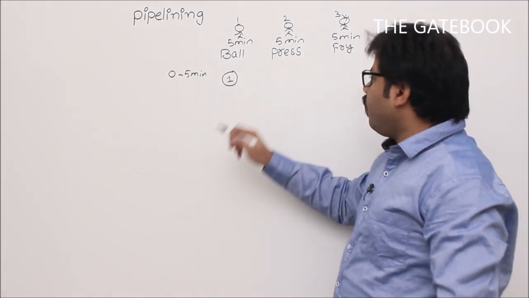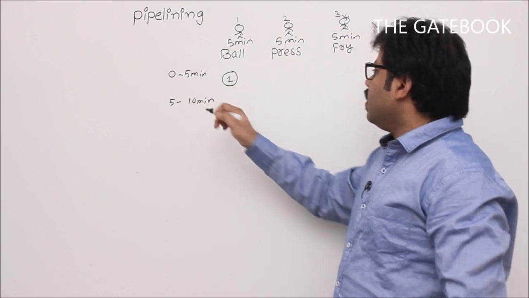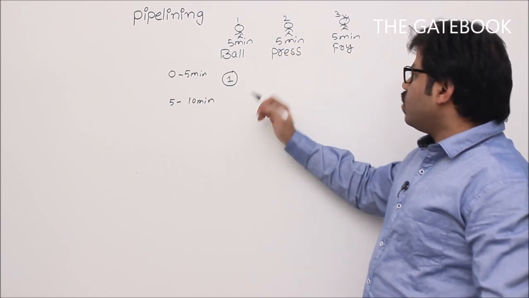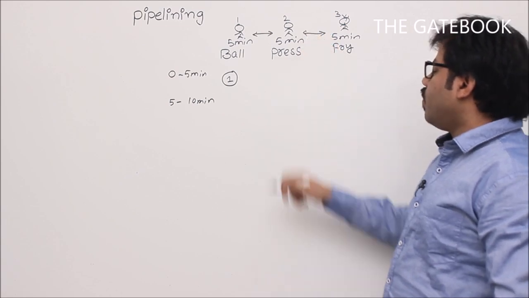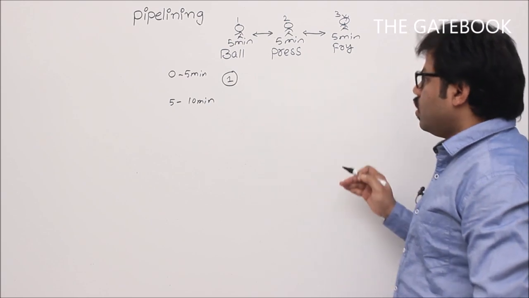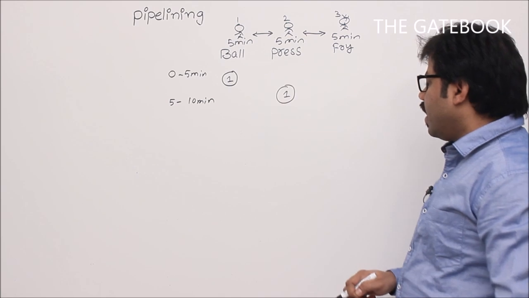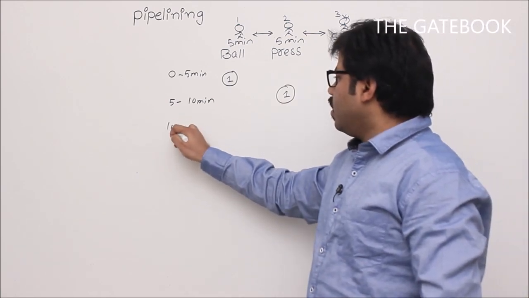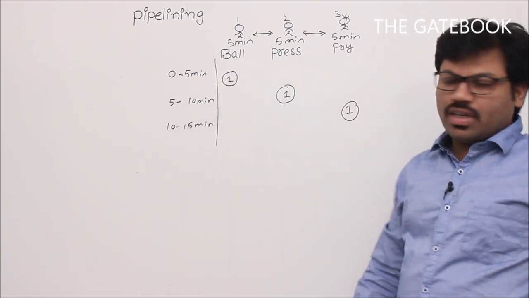So after 5 minutes, in the duration of 5 to 10 minutes, the ball can be taken by the second Raju. Assume that there is no delay in communication here, that means once the ball is prepared, it takes 0 time for Raju 1 to give it to Raju 2. Then in 5 to 10 minutes, Raju 2 will start working and press it. In the third duration, 10 to 15 minutes, the roti will be prepared, correct?